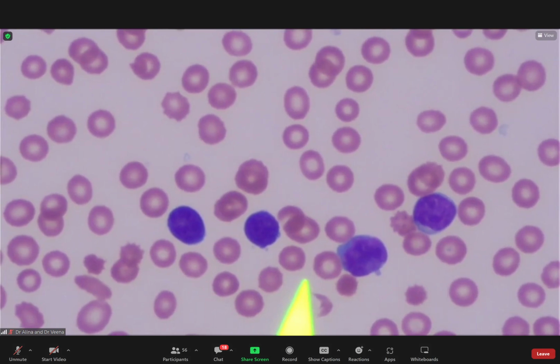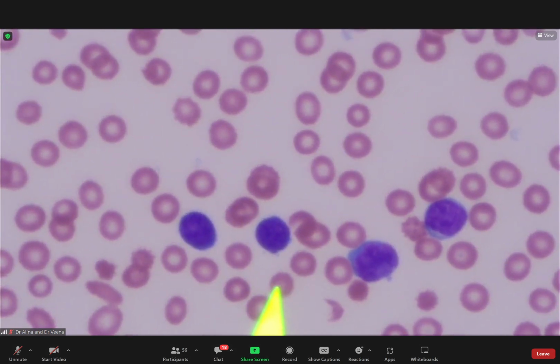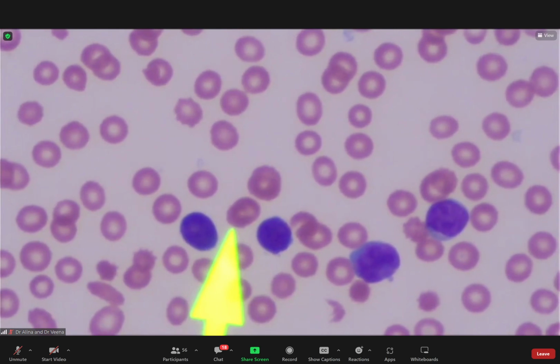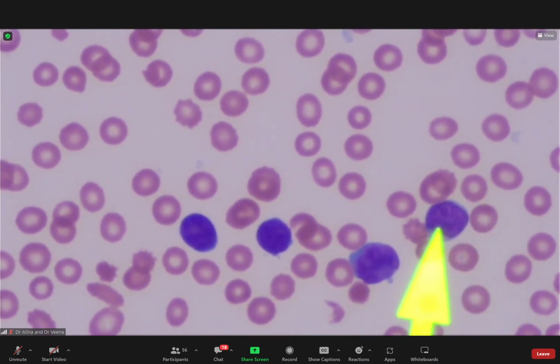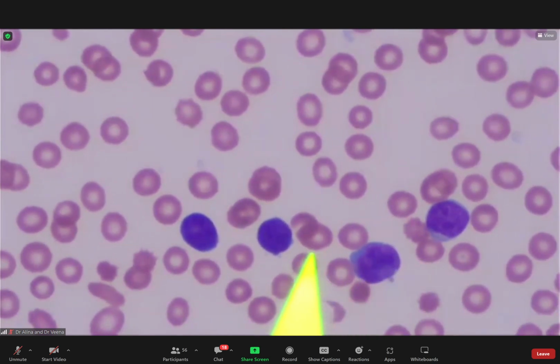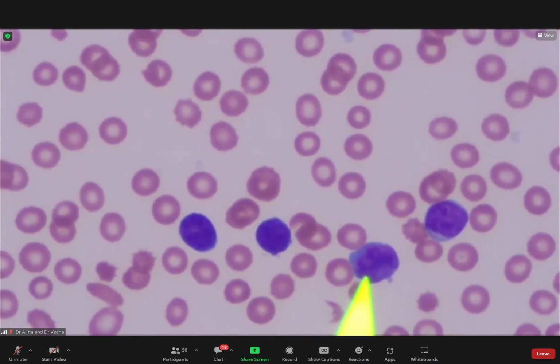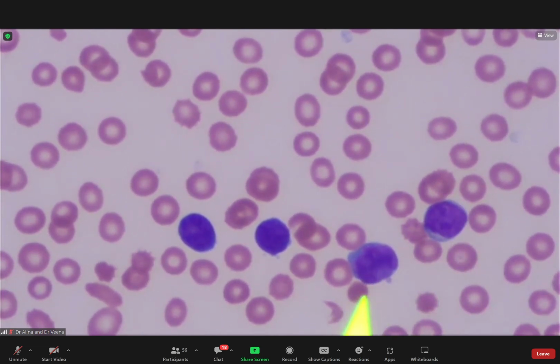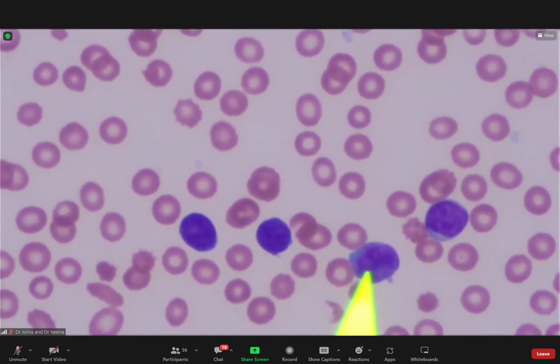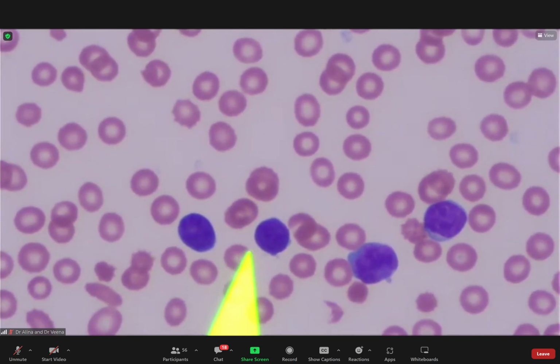These are lymphocytes on your left, and these are blasts on your right. Okay, I hope you can appreciate. This is obviously very open chromatin. Nucleolus is multiple, exactly. And this is a very mature looking lymphocyte. This is a mature lymphocyte. Okay, can you appreciate that?